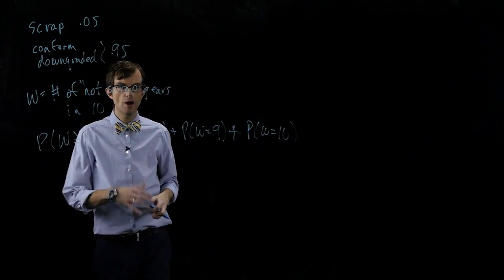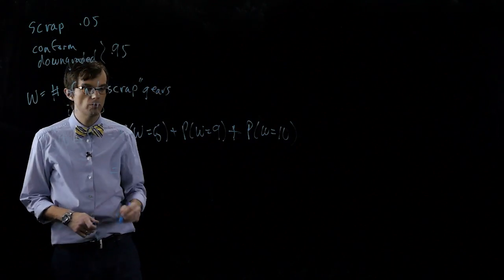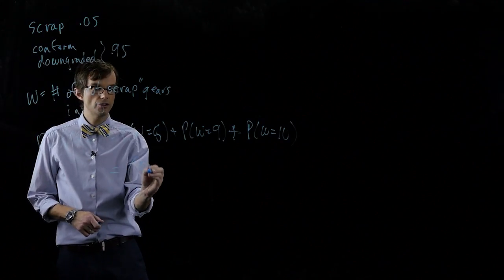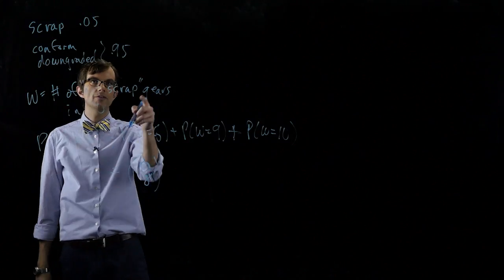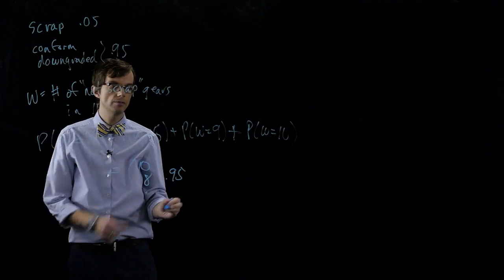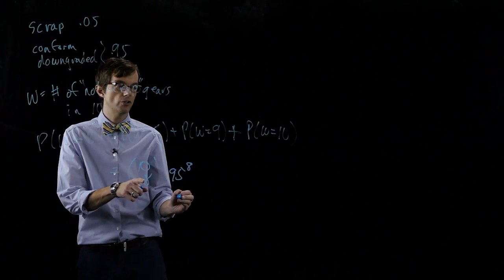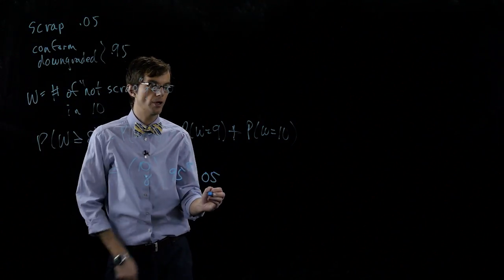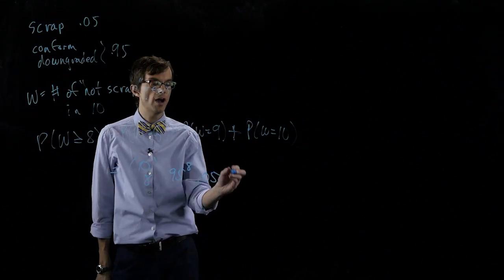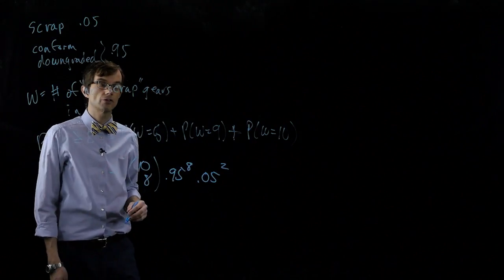Well, this is a binomial problem, of course. And this would be equal to 10 choose 8. We're going to pick 8 that are not scrap. What's the probability of not scrap? 0.95. And 8 of those are going to be not scrap. Therefore, the remainder will occur with probability 0.05, and there's going to be 2 that are scrap.